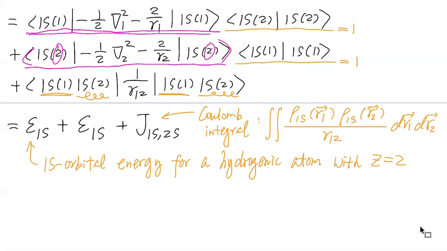So you see, this is actually the classical expression when you have two distributions of the electrons. Classically, if you want to evaluate the repulsion between two clouds of electrons, this is exactly the expression you use. So Coulomb integral can be viewed as kind of classical expression, okay?